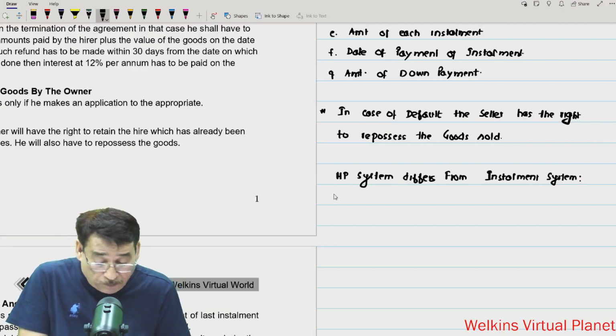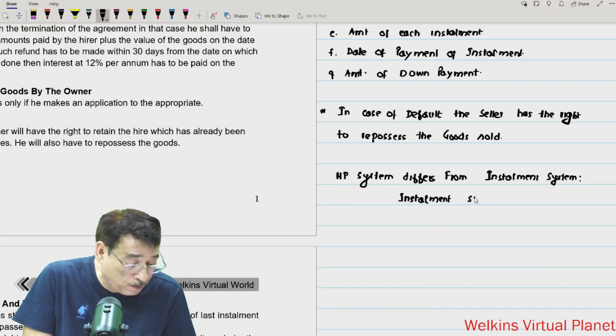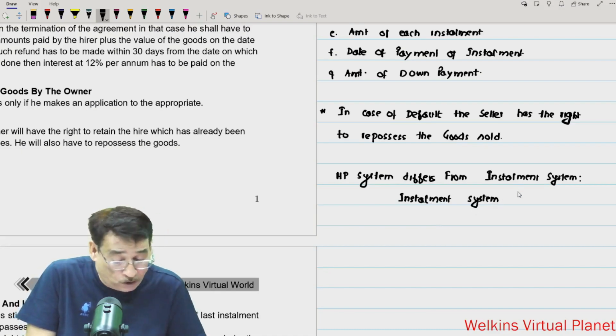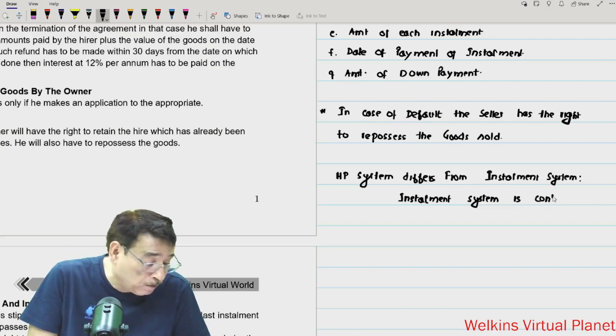That is, installment system, we will see that the installment system basically is considered as a contract of sale. Installment system is contract of sale.